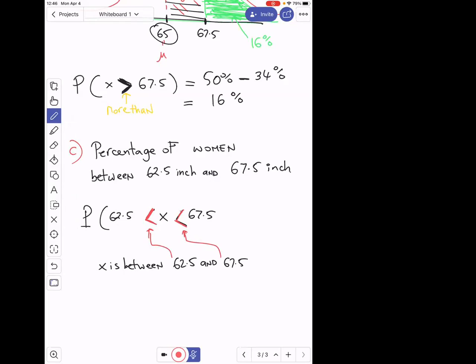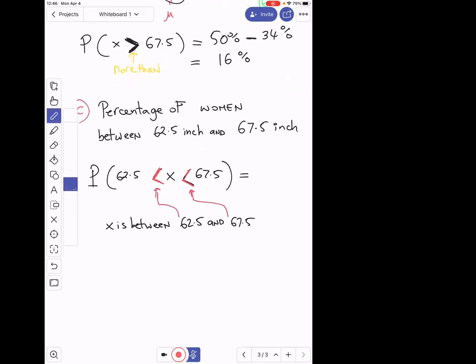So it's between 62.5 and 67.5, of course, we're gonna use our graph. There's this 65 here, there's your 67.5 here, there's this 62.5.